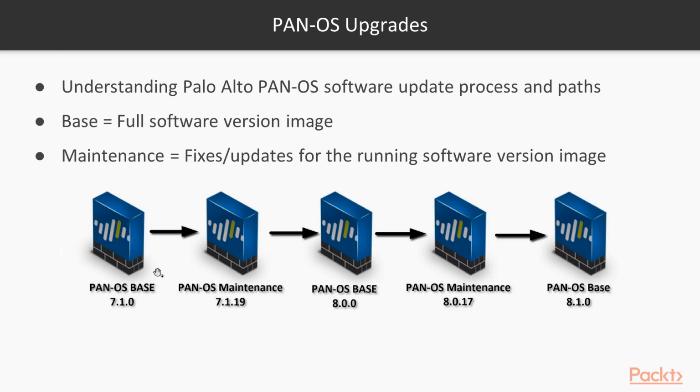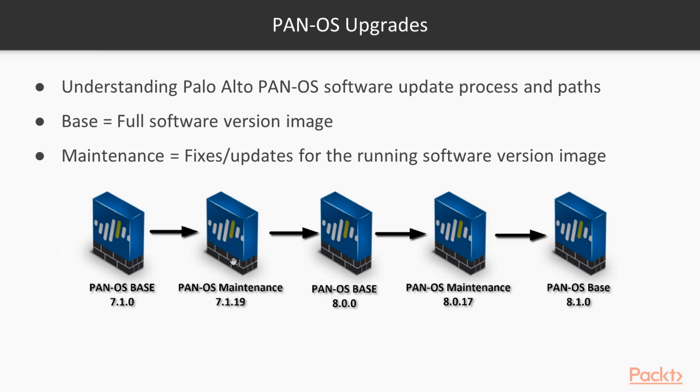While you're running and operating on that image, you will want to do some preventive or proactive upgrades to make sure it's running on the most stable code in this particular base, and that is your maintenance upgrade. So you have a PanOS maintenance version, which is basically some changes to the base.